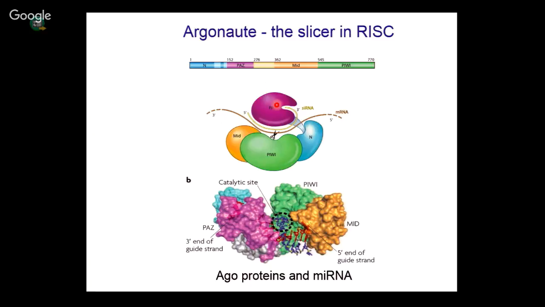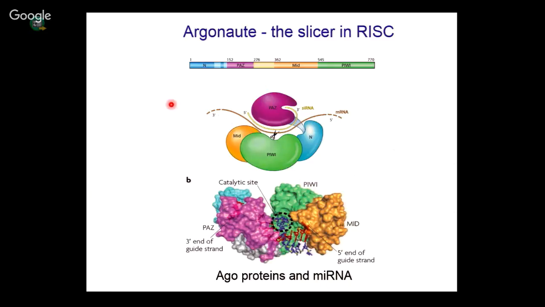PAZ recognizes the 3' end of the siRNA, like a hook for the strand here, and the shape is more like a croissant, and in the central pocket, it has the space for mRNA and siRNA recognition. And the PIWI domain is the catalytic domain, containing the endonuclease activity here.